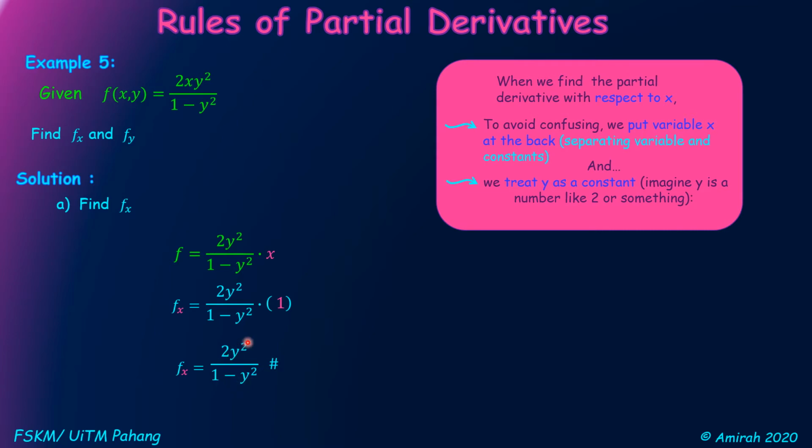This is the answer when we differentiate f with respect to x using partial derivative. It looks so simple because we treat y as a constant when we solve partial derivative with respect to x.